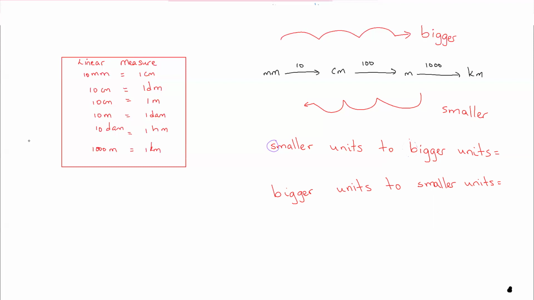So smaller units to bigger units, we divide. And bigger units to smaller units, we multiply.